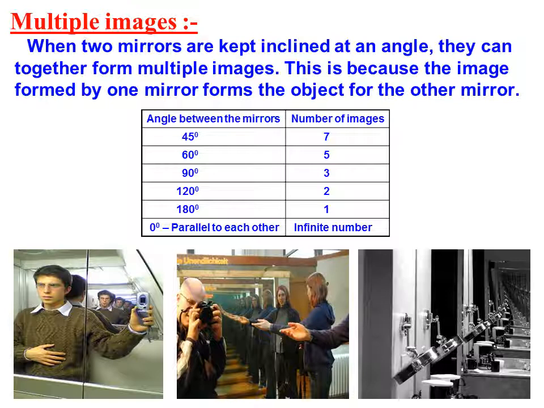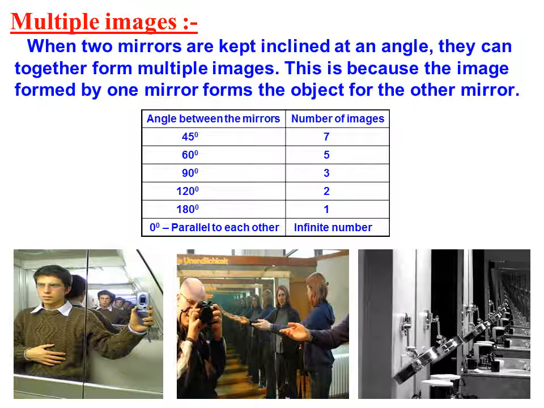For example, when you go to the barber shop, mostly the mirrors are inclined at certain angles, with a mirror in front of you and one at the back of you, and you can see multiple images as you can see in the figures.